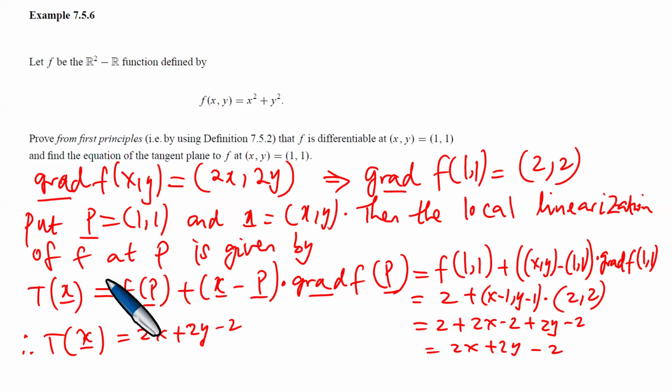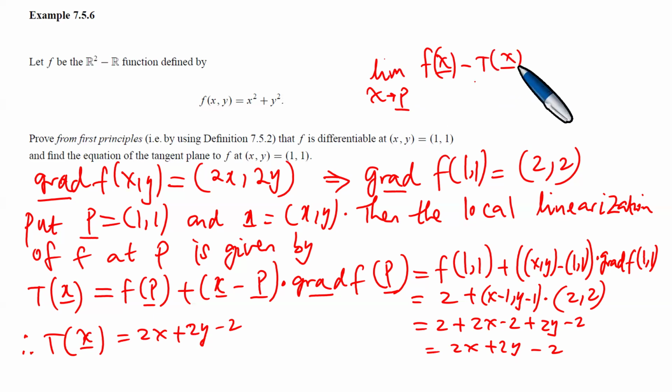The significance of that is that the limit as x tends to p of f of x minus T of x, divided by the length of the vector x minus p, is equal to 0. Because it is a proof, it is true that this will always be 0.